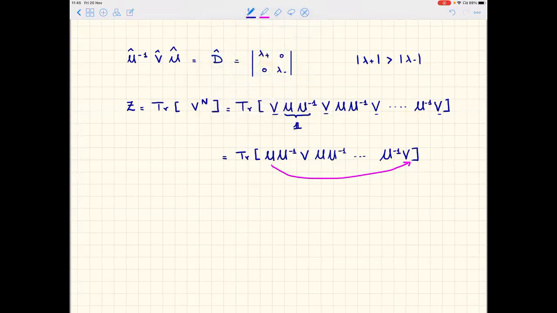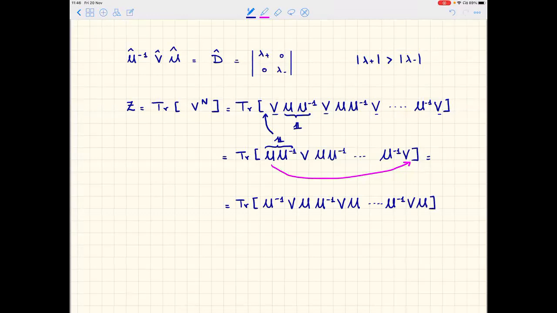Yes? How did you get the second line? Well, the second line, I just introduced another resolution of the identity in front. Okay. And then U minus 1, V, U.